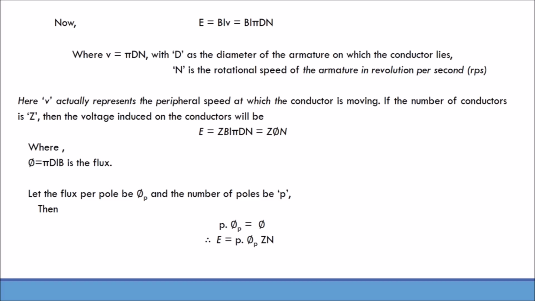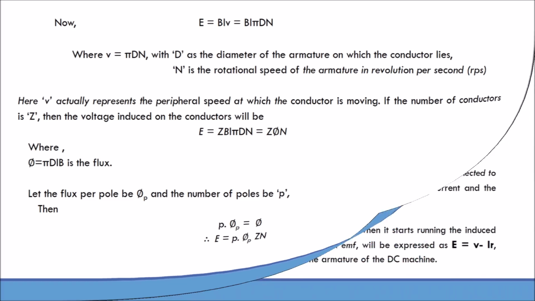Let the flux per pole be phi p and the number of poles be small p. Then p phi p equals phi. It is total flux. Phi equals p into phi p. Therefore, E equals p phi p Z N.